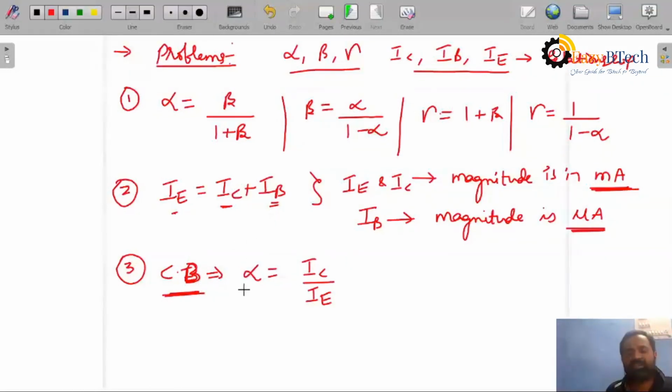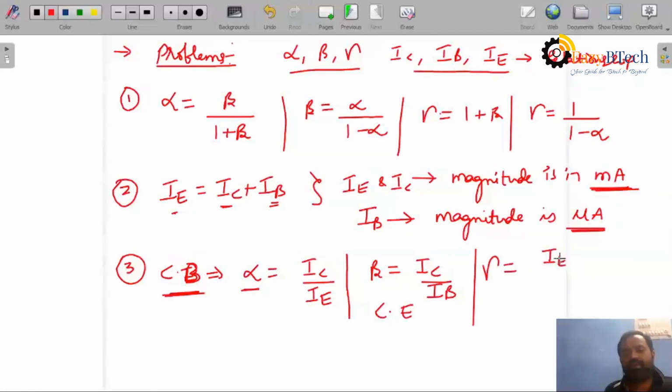Beta is equal to IC by IB. This is for the common emitter configuration. Gamma is IE by IB. This is for the common collector configuration. Okay, you have to remember this before going to the topic.